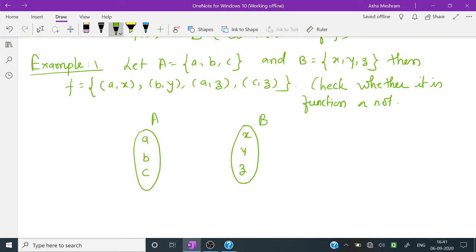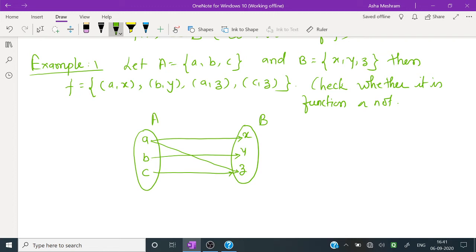Now, how is the function f defined here? a is paired with x. Then b is paired with y. a is again paired with z. And c is paired with z.